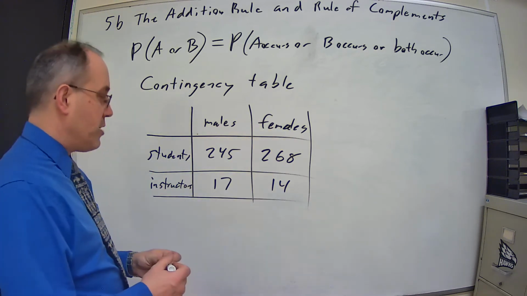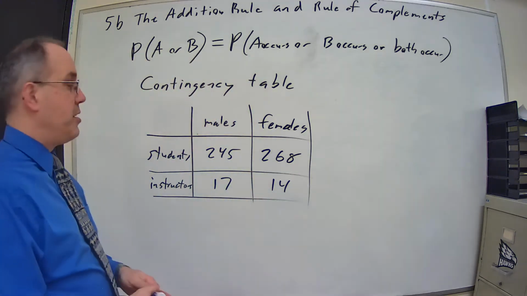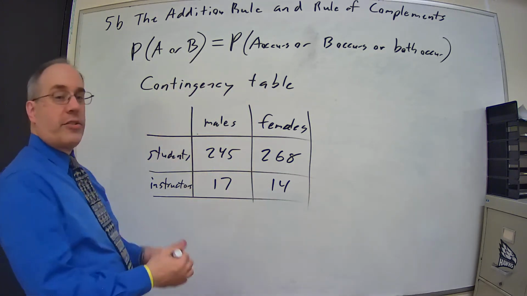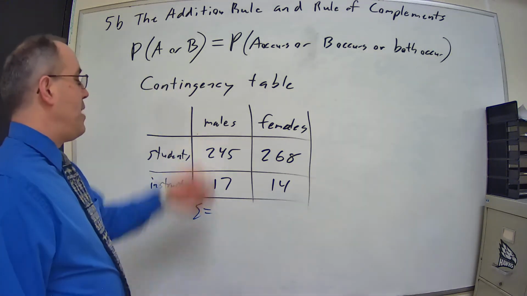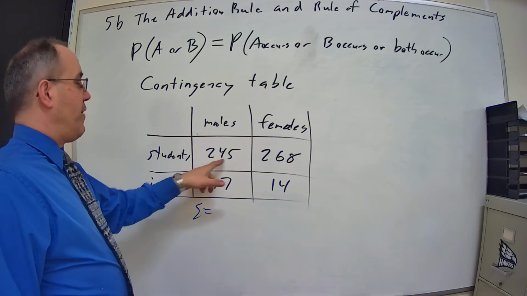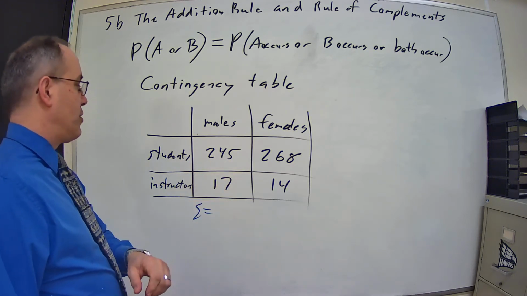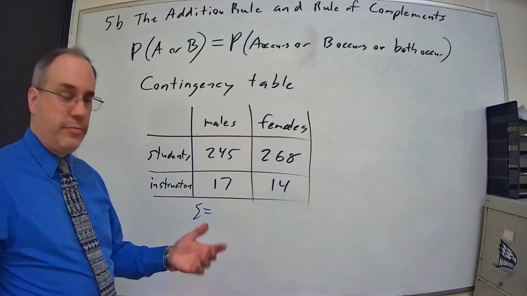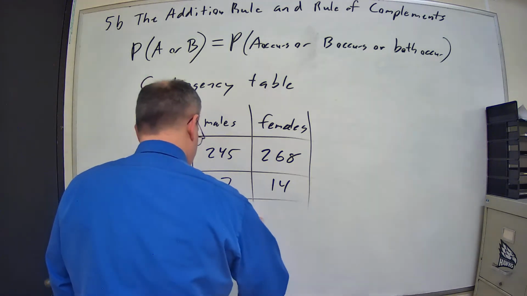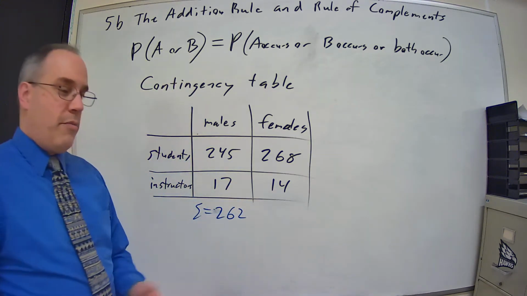One of the first things we want to do when dealing with a contingency table is sum things up. How many males do we have? 245 male students plus another 17 male instructors, 262 males.